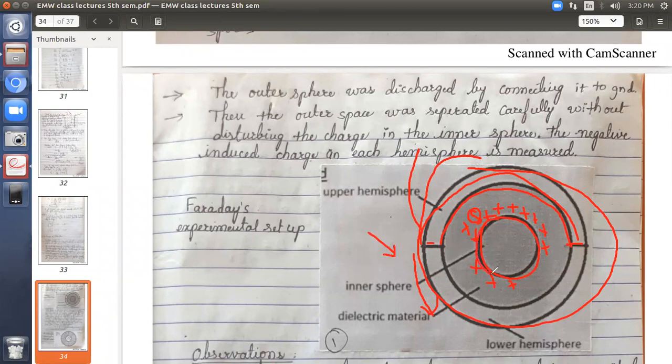So he did this. He took a sphere, he charged it to some known amount of charge, say plus q. He enclosed this sphere by one more sphere that is made up of two halves, two hemispheres. He joined it, and this looks like your rubber ball, which is hollow inside. If you cut that rubber ball, you will get these two halves.